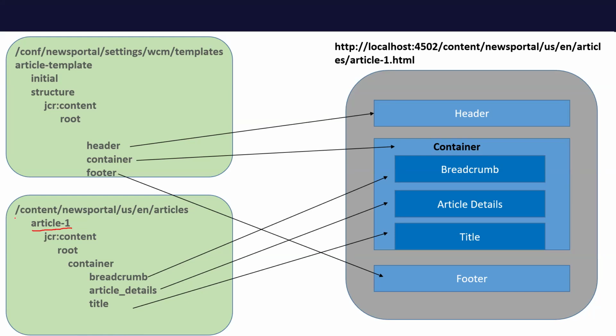In AEM, in this location, the page is available. But the execution of the page will start from the template level. The template of article 1 is the article template. The execution always starts from the template.